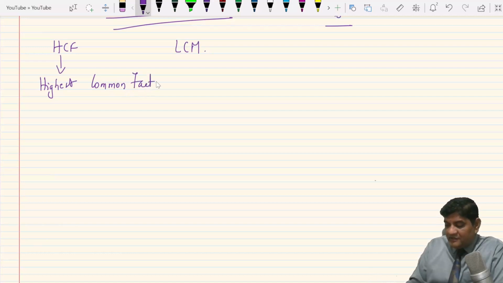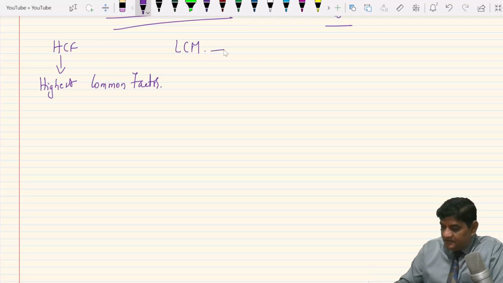Now, when you're listening to this, you may feel that HCF and LCM is something that you learnt in like 4th, right? But believe me, there are people I've met in 12th standard who do not understand the conceptual meaning of the highest common factor and the least common multiple. This is the least common multiple.